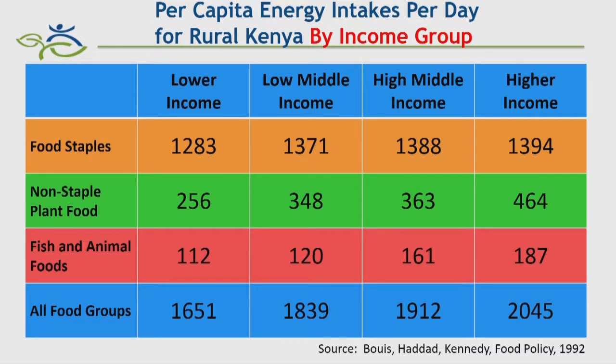But even at that higher income level, $500 per capita, this happens to be calorie intake. But if you convert that to vitamin A intake or iron intake or zinc intake, even those people at higher income levels are still deficient in the vitamins and minerals they need. And it's partly because the prices of those food groups are going up and up and up over time.